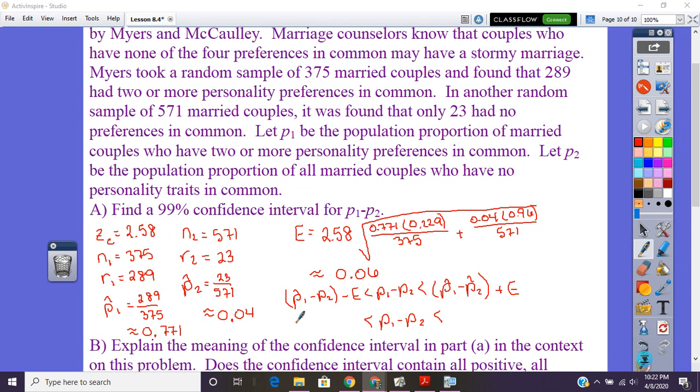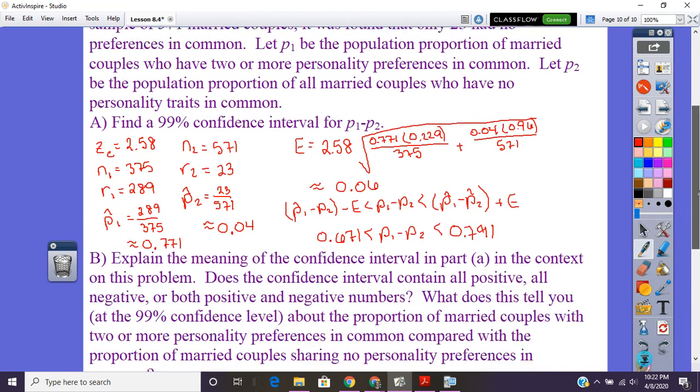And the first half of this interval is going to be 0.671, and the last half is going to be 0.791. Okay, and that's our interval.